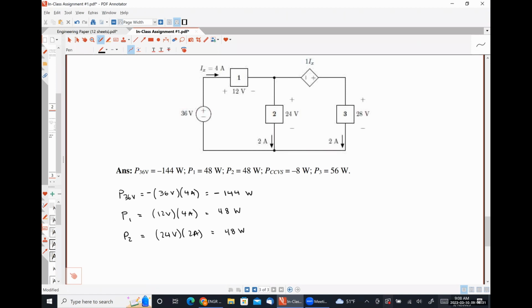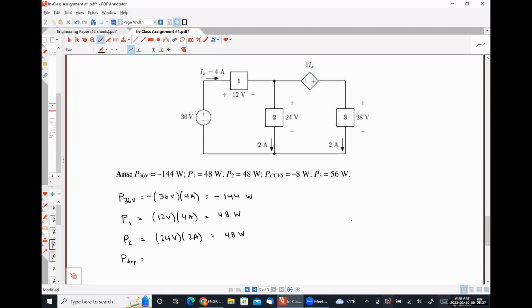All right, let's look at the dependent source. So what's the voltage drop across the dependent source? 4 volts. Okay. Explain your reasoning.